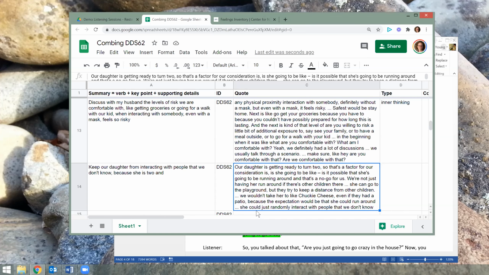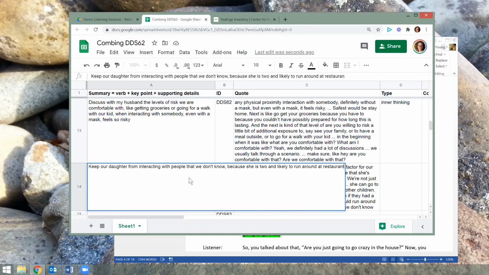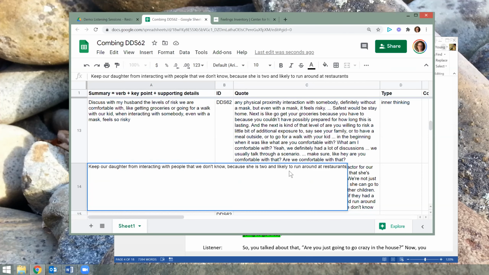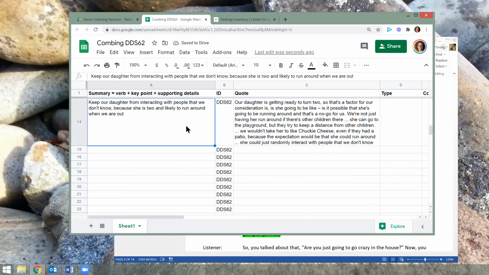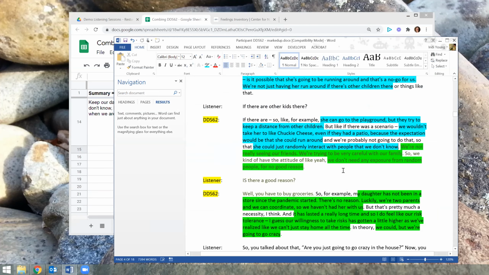So we've got to have the words run around in here, and likely to run around. Is it only at restaurants? How about in public or when we're out, maybe? Okay. Because she is 2 and likely to run around. Here we are. Let 2-year-olds be 2-year-olds.